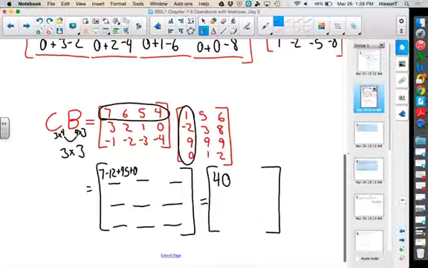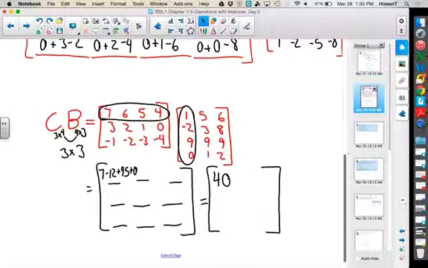Go ahead and let's do this whole thing. See if you can get all of them. By the way, when you're showing your work, I want to see you adding them up. You don't need to write down 7 times 1 plus 6 times negative 2, but go ahead and write down 7 minus 12 plus 45 plus 0 to show me that you're doing the process right.